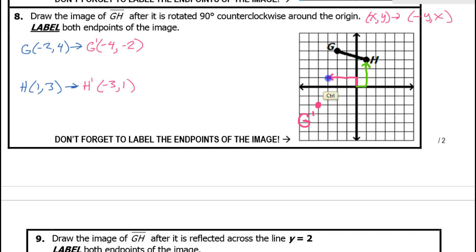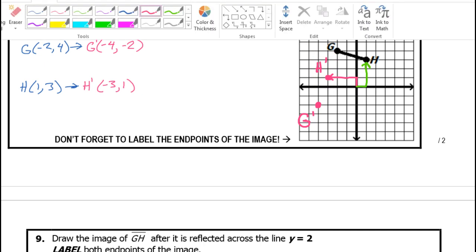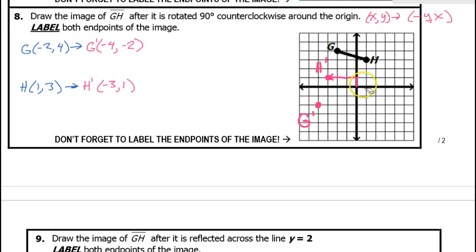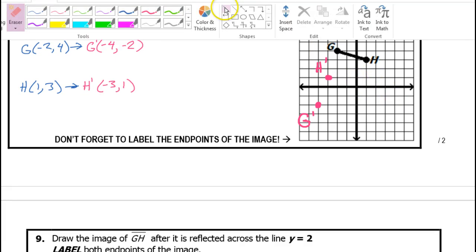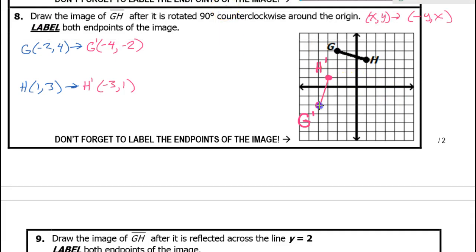And then this new path shows me the location of H prime. Okay, and then I'll just erase those pathways and reveal the image. And again, H prime, (-3, 1). It's the same thing we got algebraically.